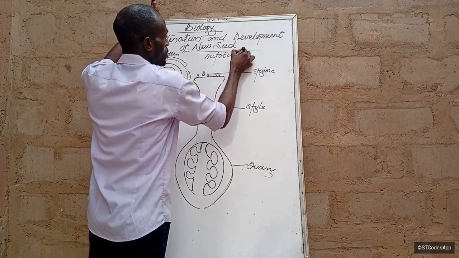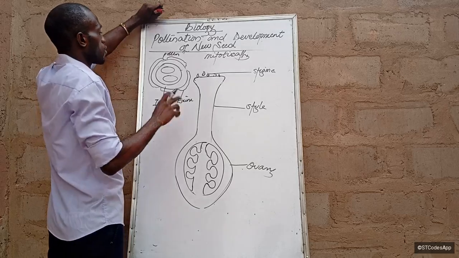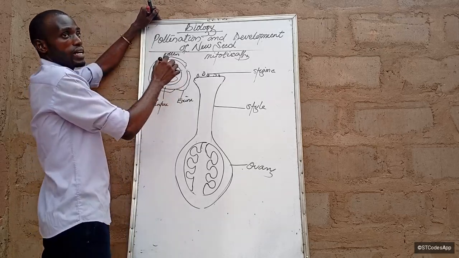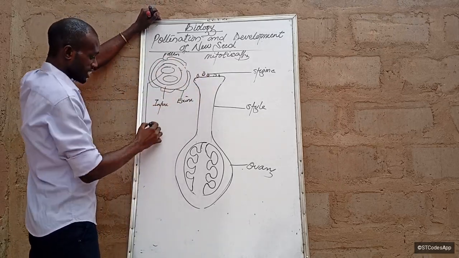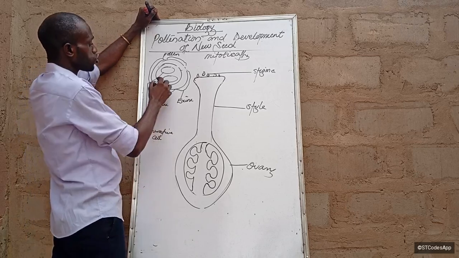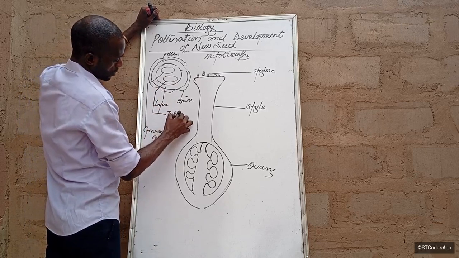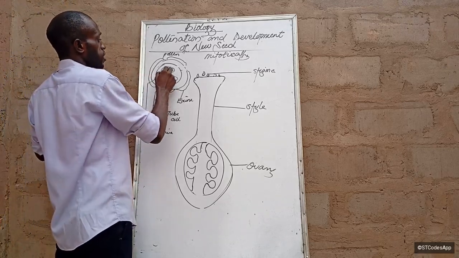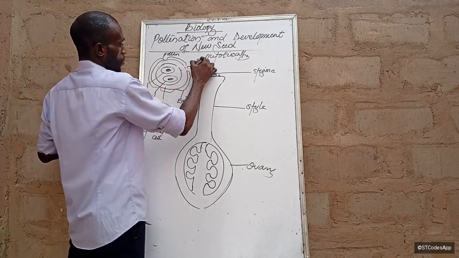It divides by mitosis into two cells, which we call the generative cell and the tube cell. Alright, so this is the tube cell. There will be a nucleus here, there will be a nucleus here. Alright, then this pore here is the germ pore.